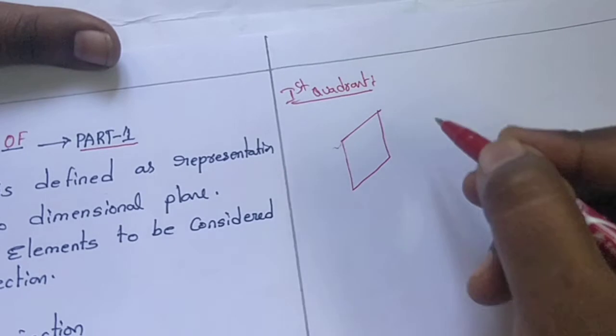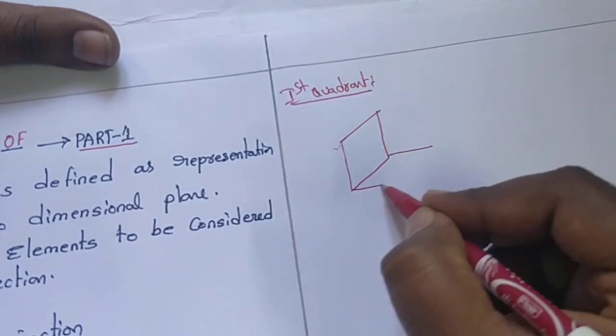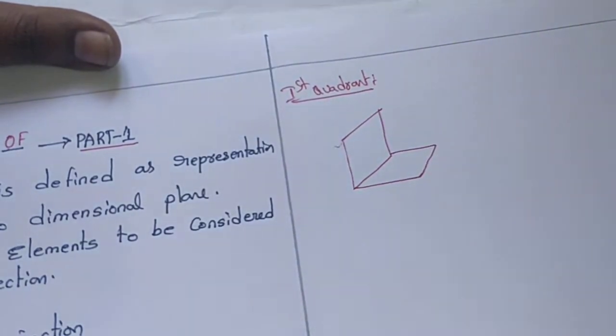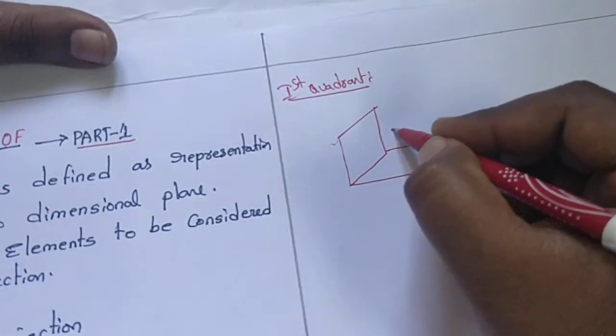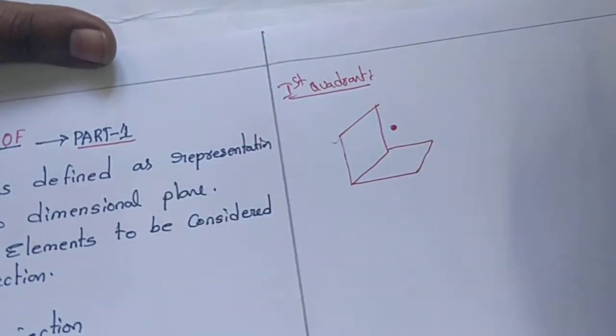It is the vertical plane and this one is the horizontal plane. Suppose this is the object.